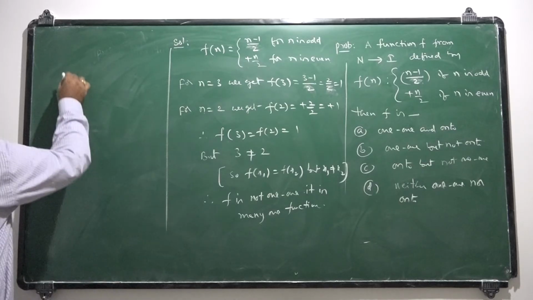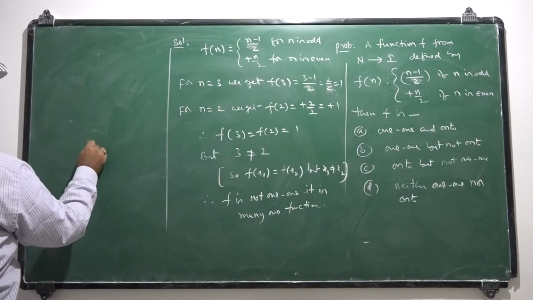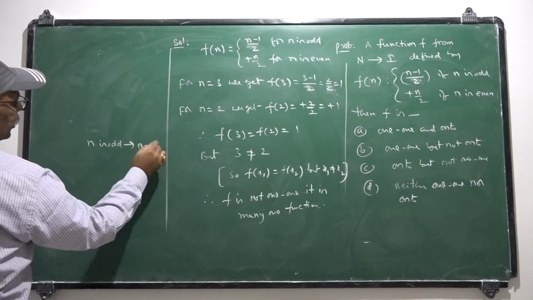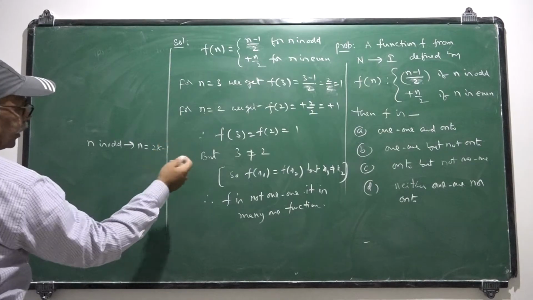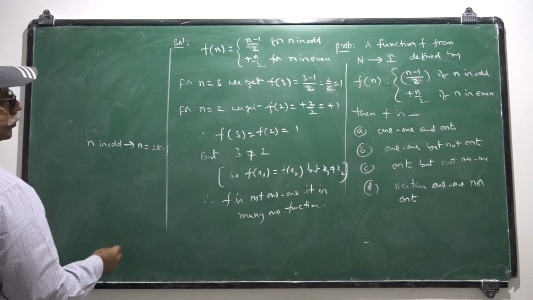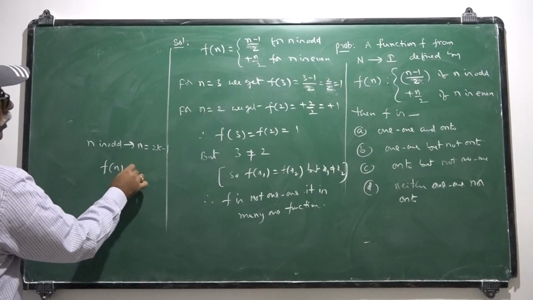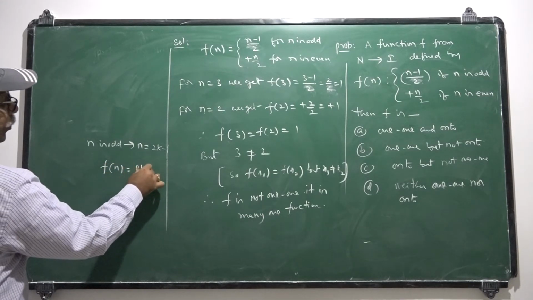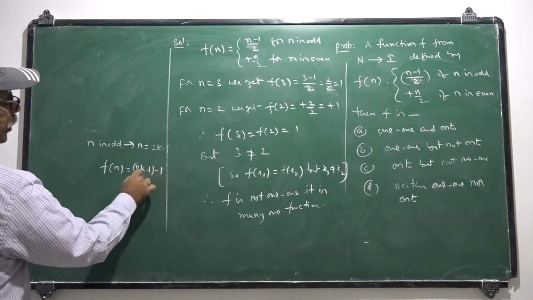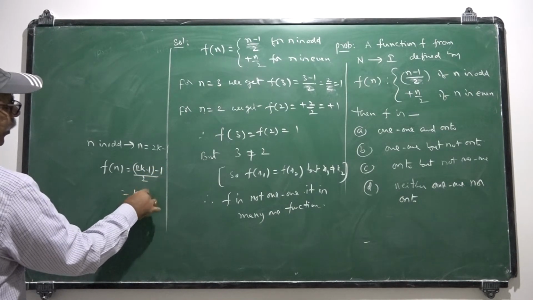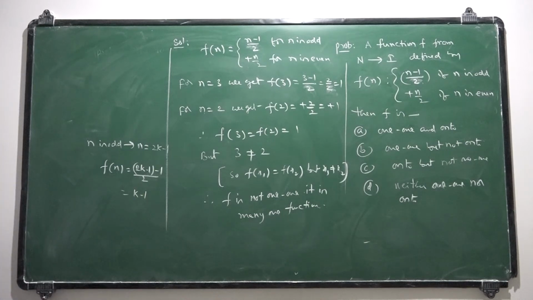If n is odd, that is n equal to 2k minus 1, where k is a positive integer, then f of n takes the value 2k minus 1 minus 1 by 2, that is k minus 1 itself.